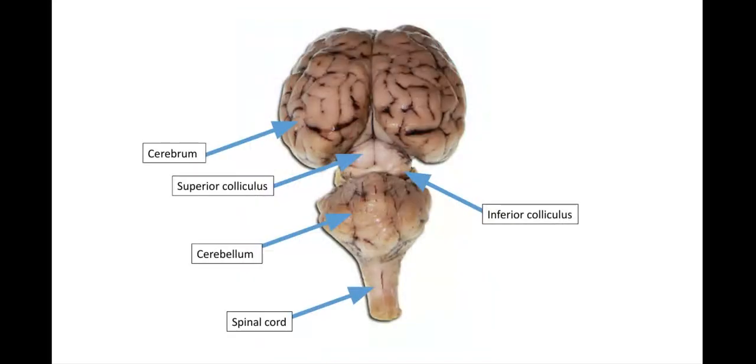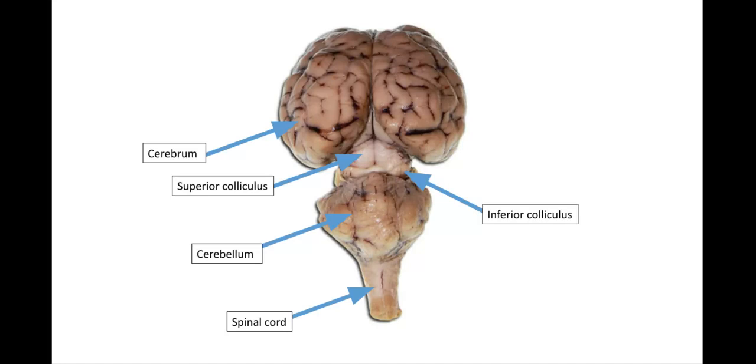If we were to look at it on a picture of a sheep brain, like we've just dissected, we would see the cerebrum with the hemispheres here. Right underneath it is going to be that midbrain area, the diencephalon area, where we are going to see something called the superior colliculus and the inferior colliculus.